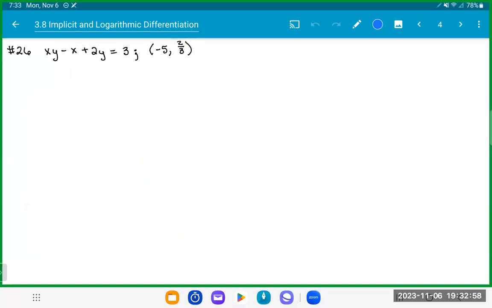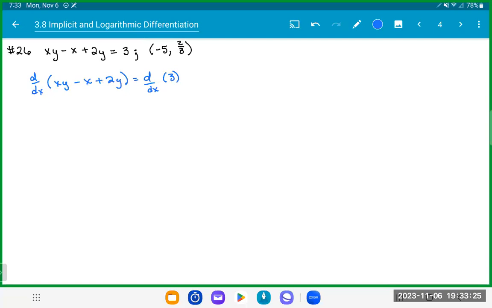Let's look at another example that's a little bit more involved. For this one, again, first we want to differentiate both sides. So we have d dx of xy minus x plus 2y equals d dx of 3.